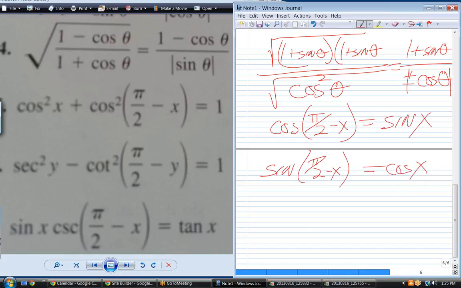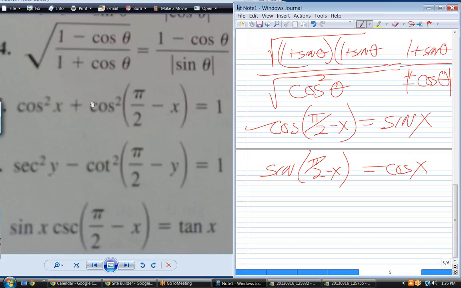These are the cofunction identities. This holds true between cosine and sine, tangent and cotangent, and secant and cosecant. Those are the cofunctions.